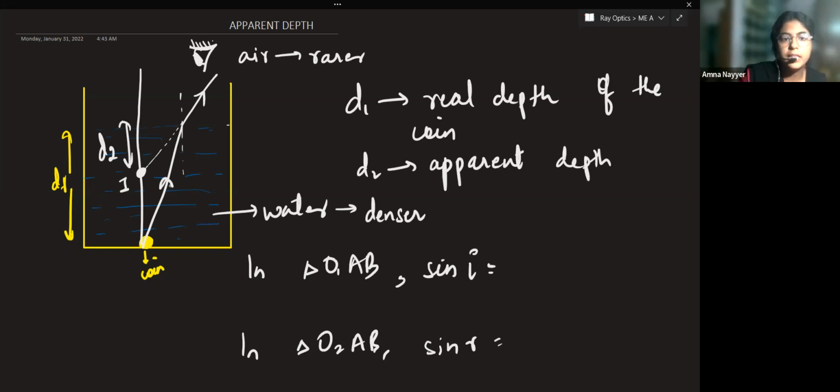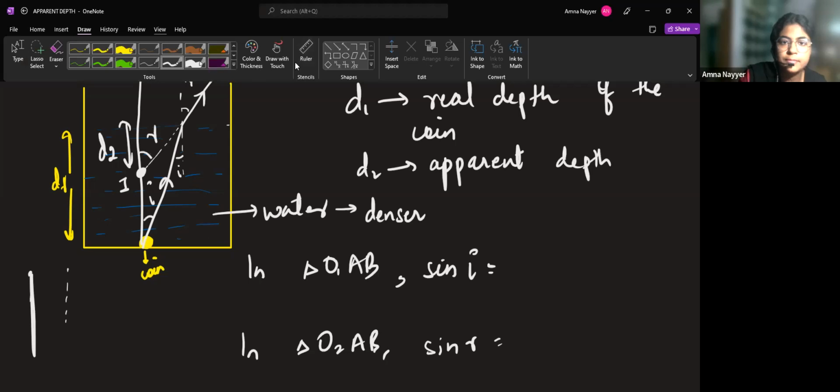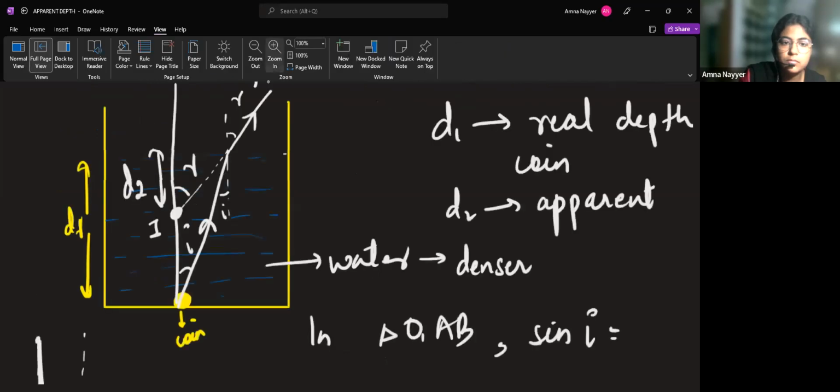So see, this was the angle of incidence, right? This was the angle of incidence and this was the angle of refraction. If you notice here, this line and the dotted normal are parallel to each other and this acts as a transversal. So this will also be angle I, because of alternate angles, and this angle is R, so this angle will also be R due to corresponding angles. Look here.